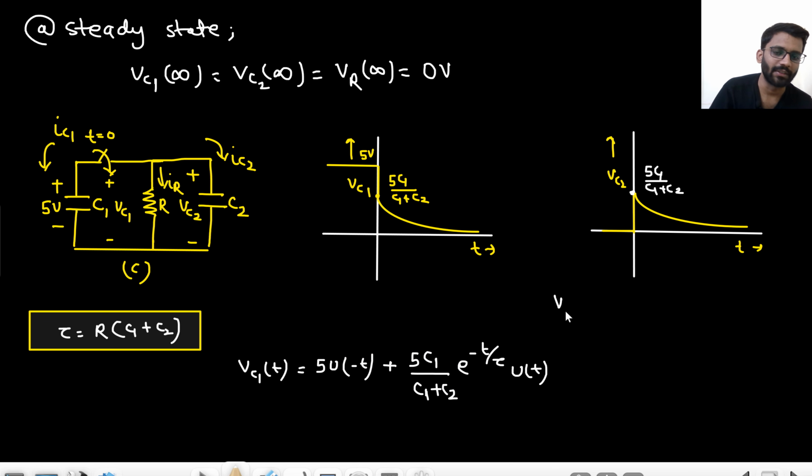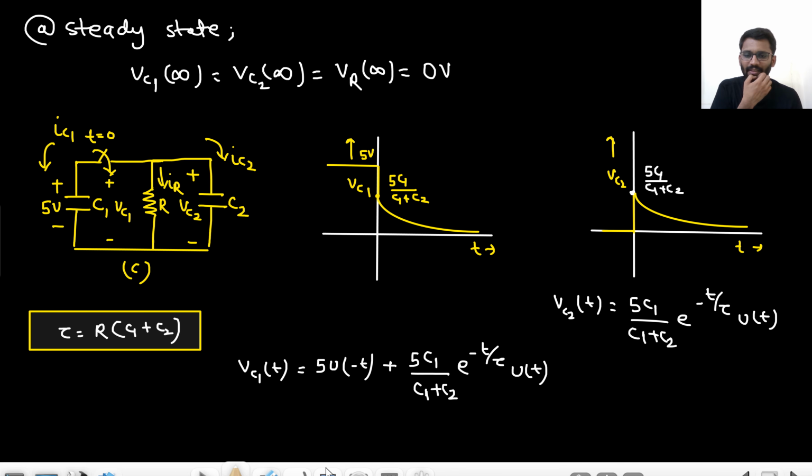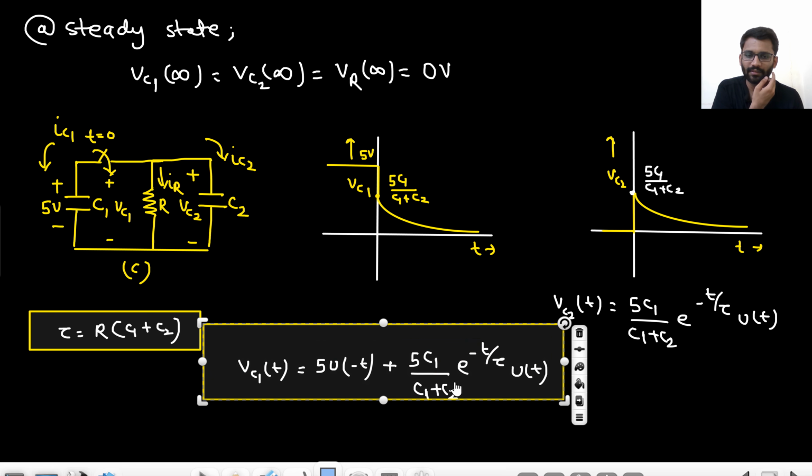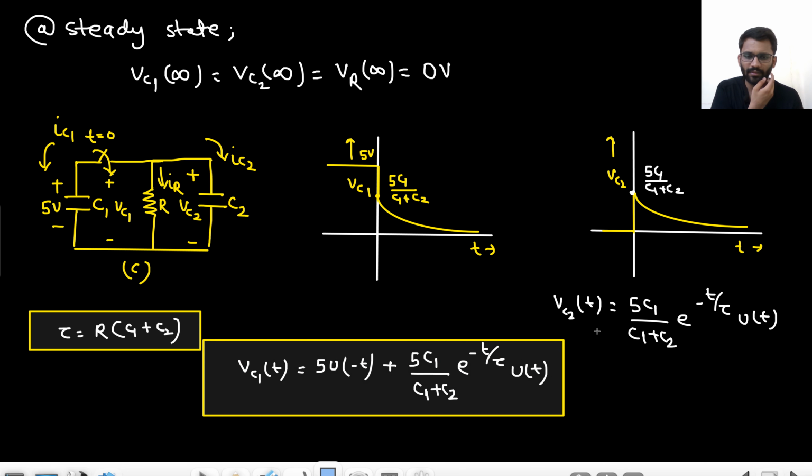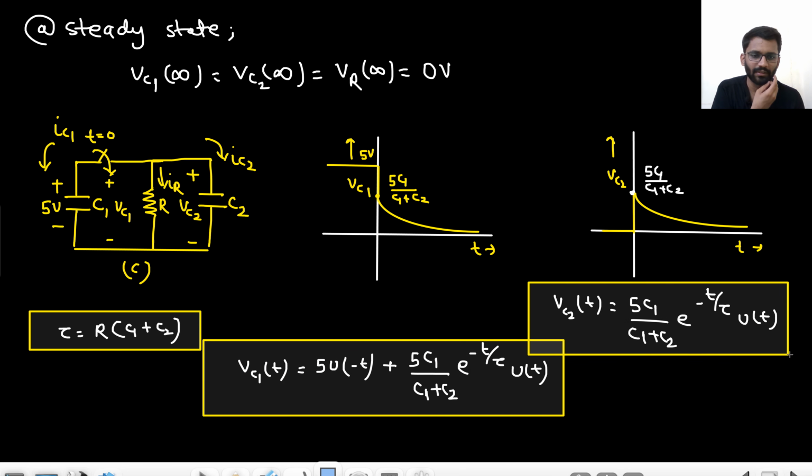What is the waveform of VC2(t)? For t equals 0 minus, you don't need to write because it is 0 only. So VC2(t) is 5C1 upon C1 plus C2 e to the power minus t upon tau u(t). This is VC1(t). This is VC2(t).